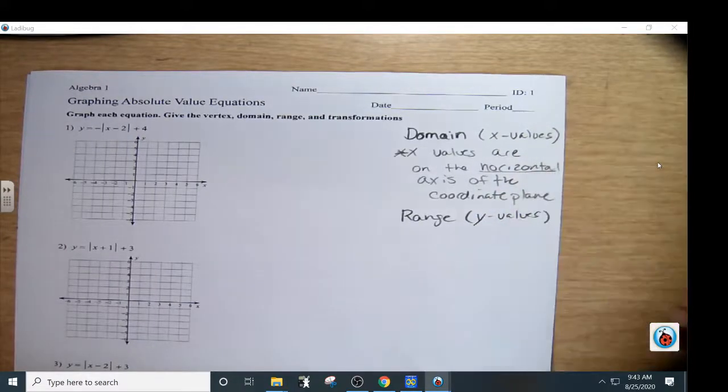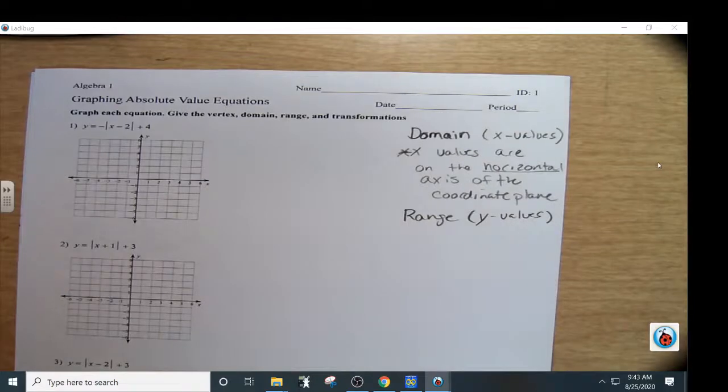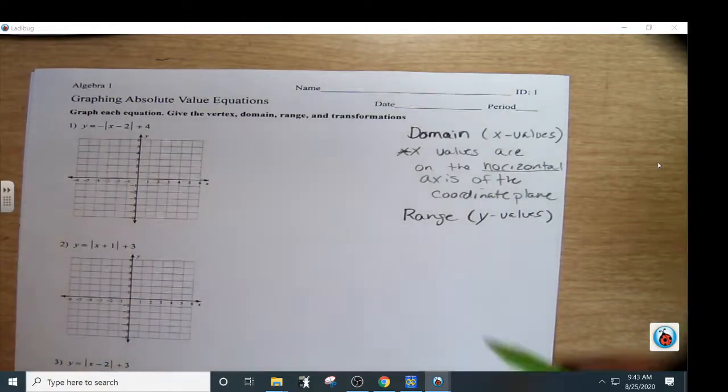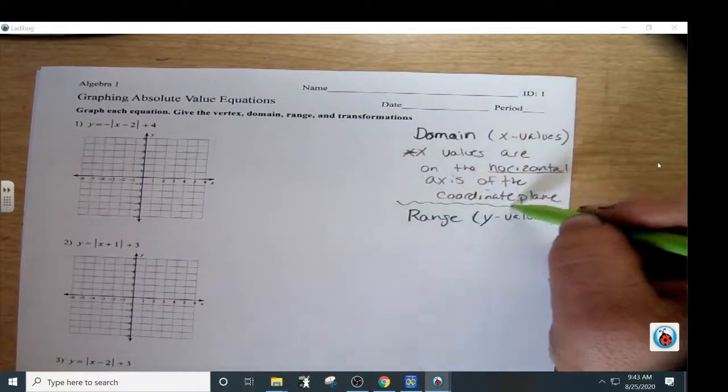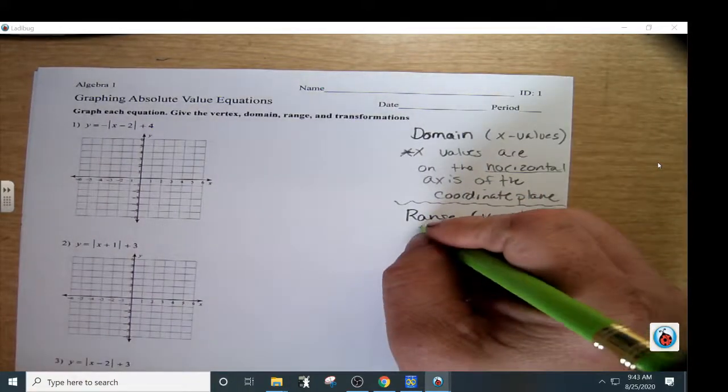So maybe some of y'all know that, just don't want to say it. But it is the y values. It's the y values that the function covers. Okay, y values.